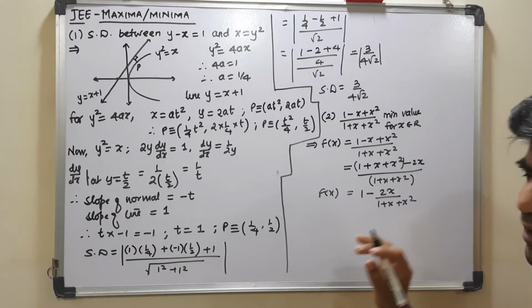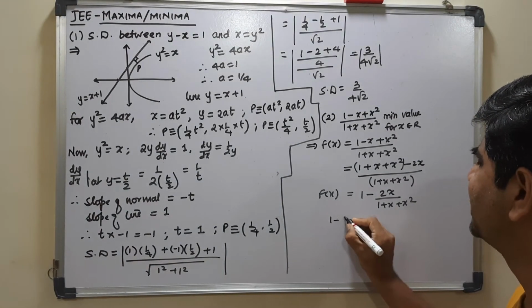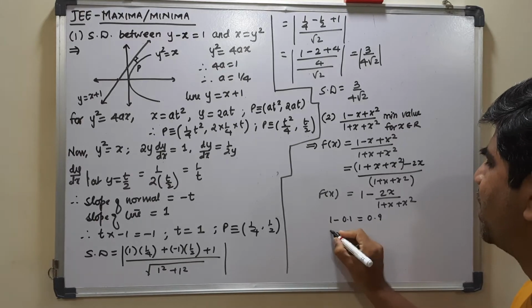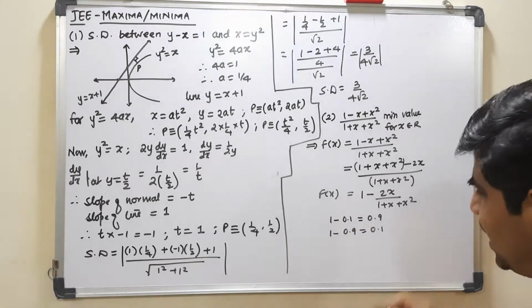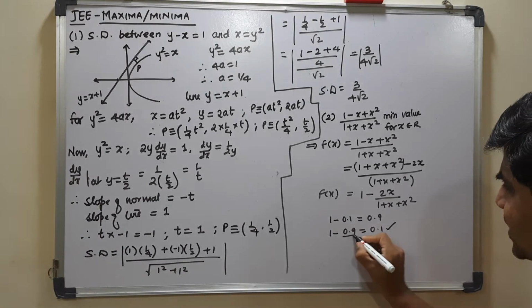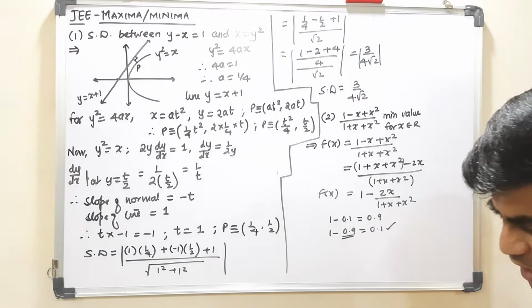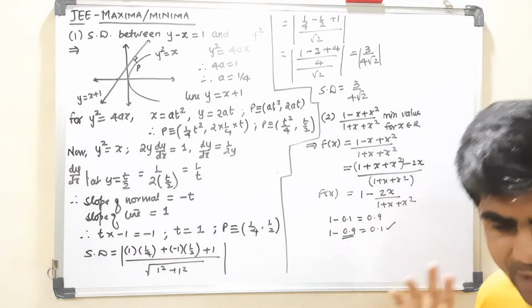That means I will explain with a simple logical example. 1 minus 0.1 will give me what? 0.9. But 1 minus 0.9 will give me what? 0.1. And I want this one. Right? That means this must be the maximum possible value, which should be subtracted from 1 so that we get the minimum value.